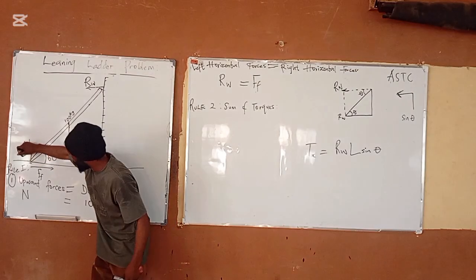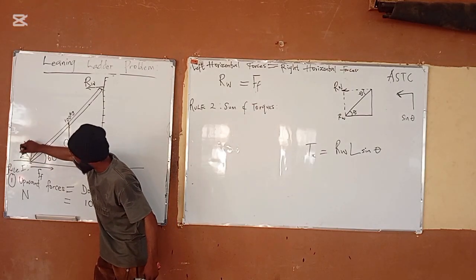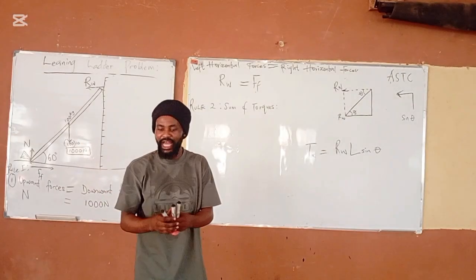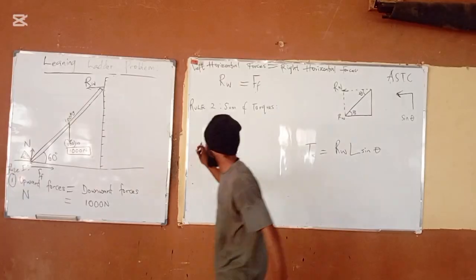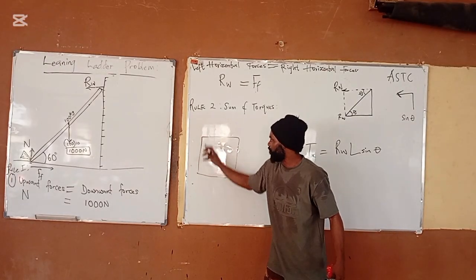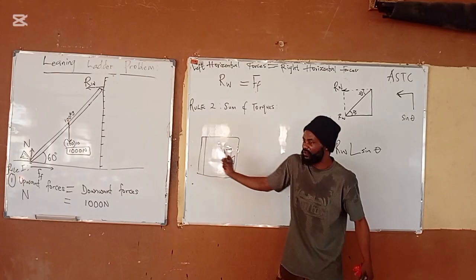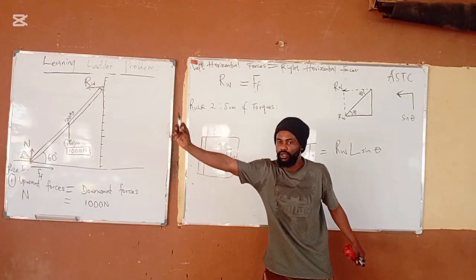So I must get, please remember when I taught you torque, you must get all the torques from that point to your pivot. I told you that if you have your door, for example, closed, and you have this to be your pivot, if you open this door from this place, it will turn.